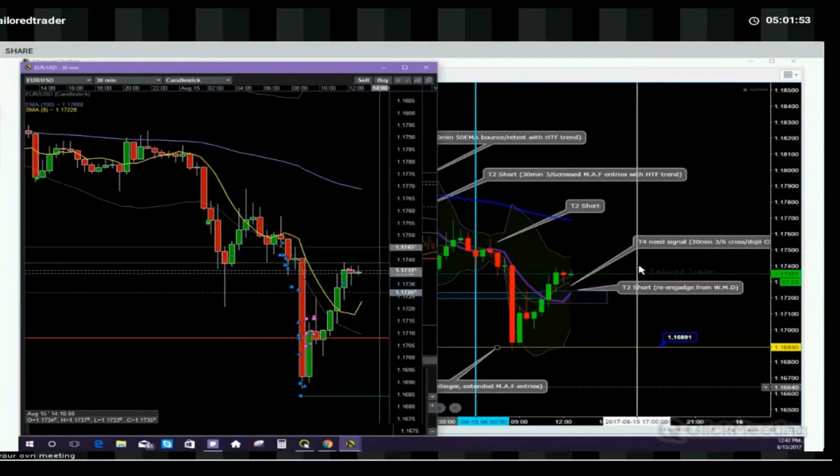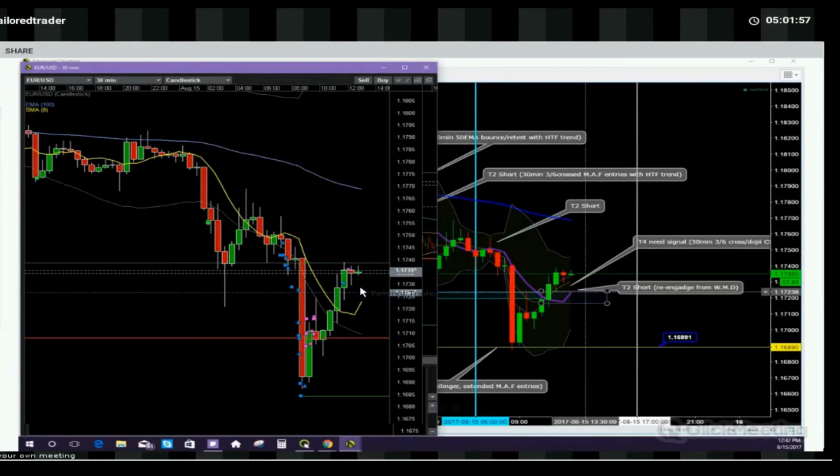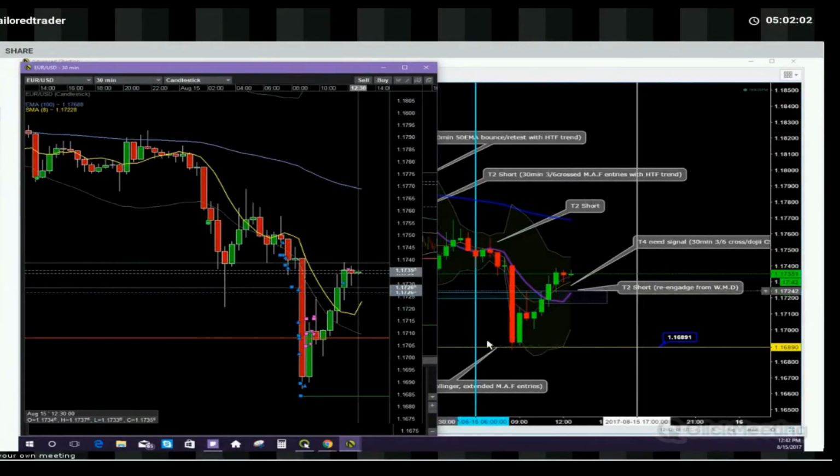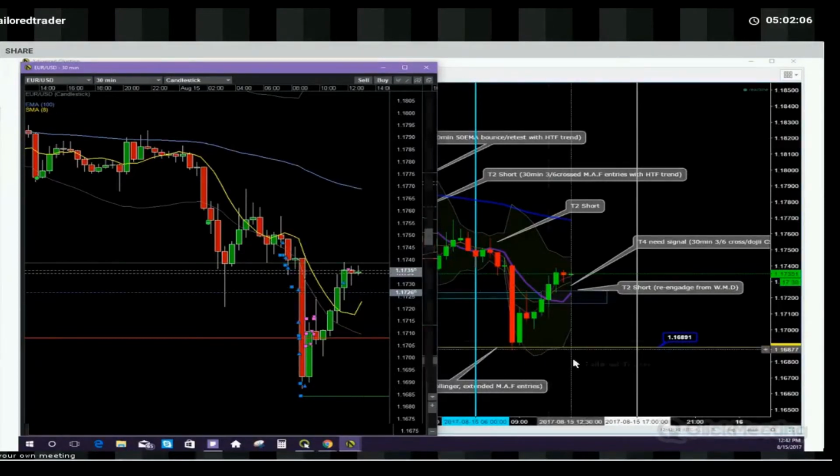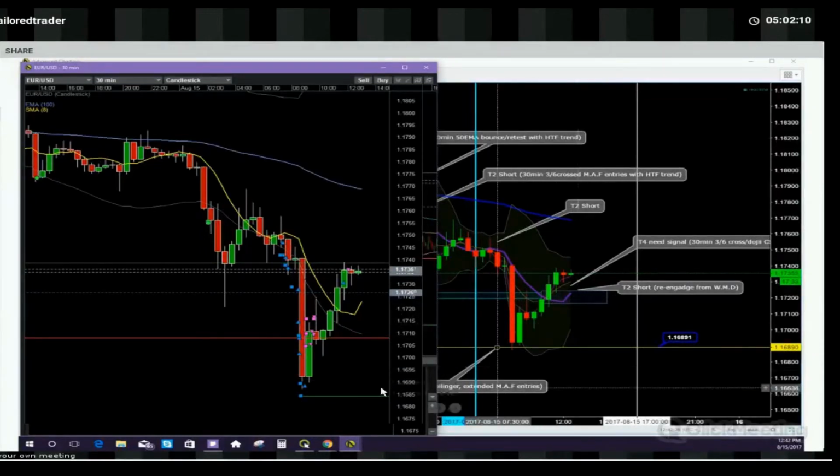I added in on a T4 reversal EMA crossover, which again, you probably won't understand, but that's been working. And again, I was completely safe on this trade as I started to enter longs down here on that T3B extended at that 1689 weekly level.